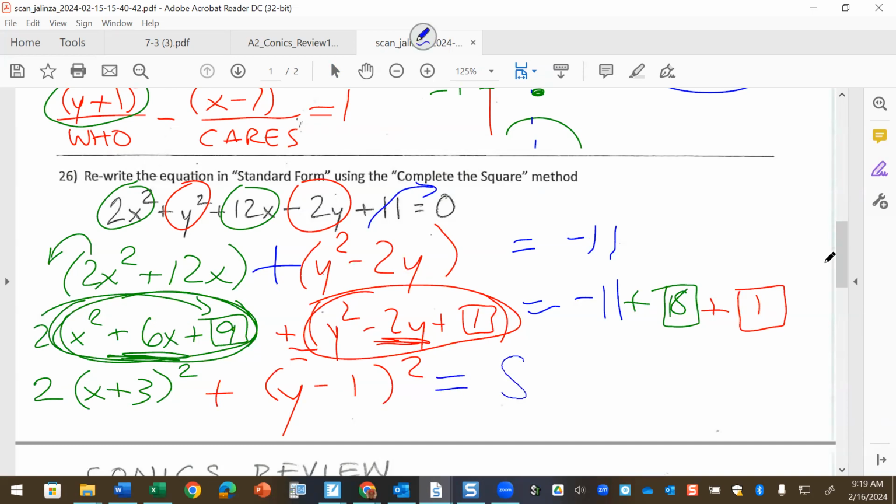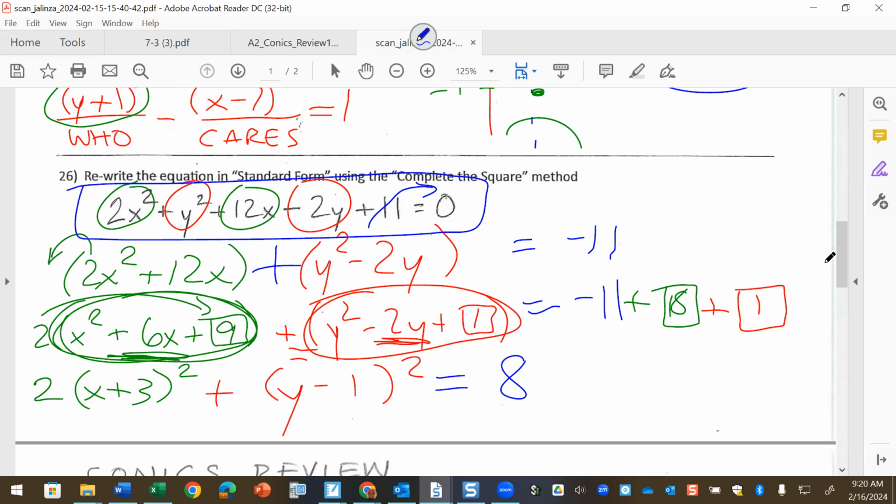8. Okay. Now hearken to me. If this was a circle, you're done. Because what does a circle have to equal? R squared. Okay. But it's a what? Go back and play name that conic. That was an ellipse, right? Okay.